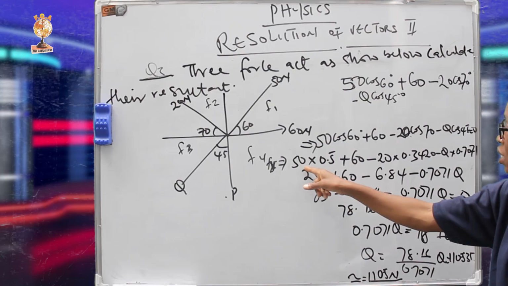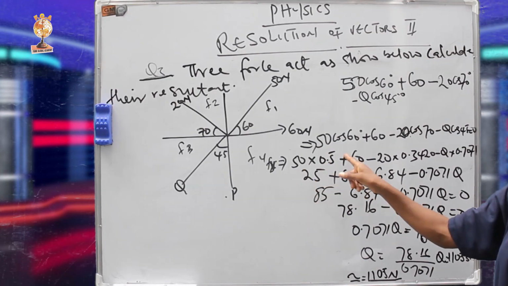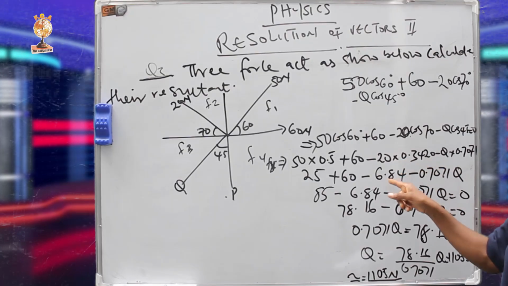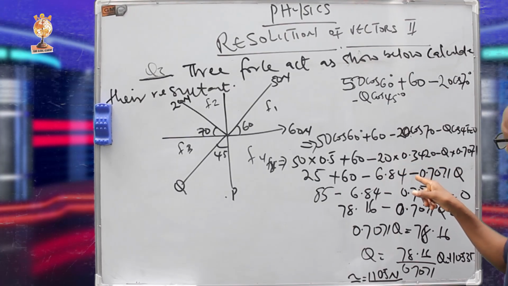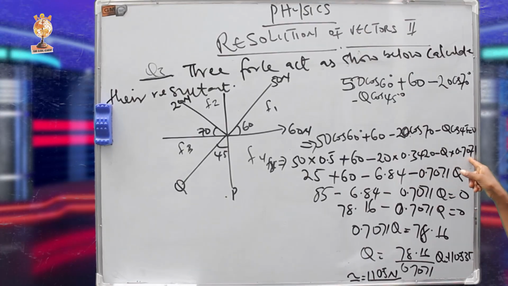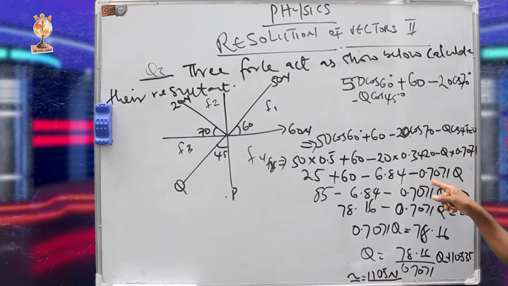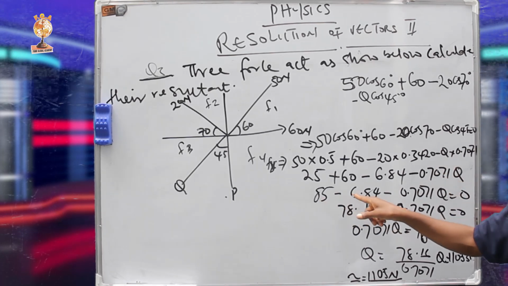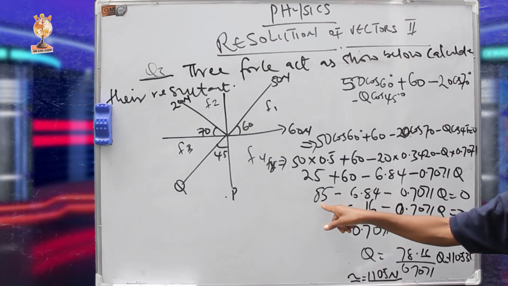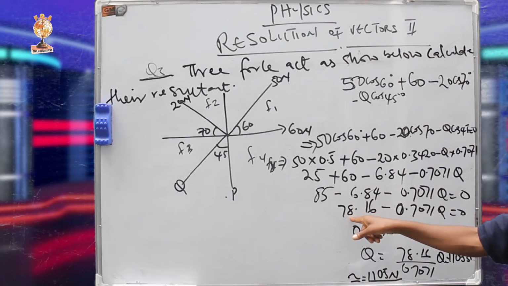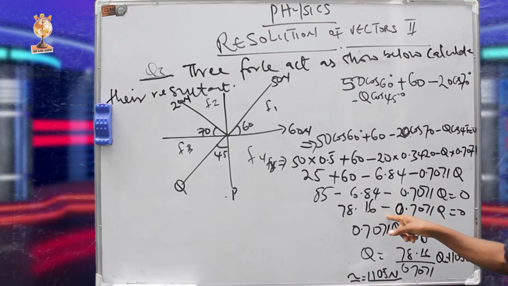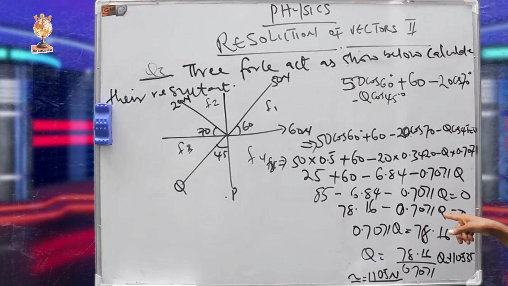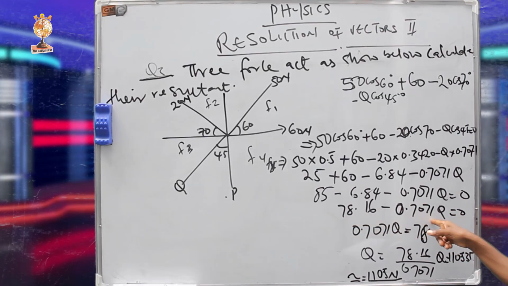So 25 plus 60 is 85, minus 20 times 0.3420, which is 6.84, minus Q times 0.7071. If I subtract 85 from 6.84, I'm having 78.16 minus 0.7071 Q.